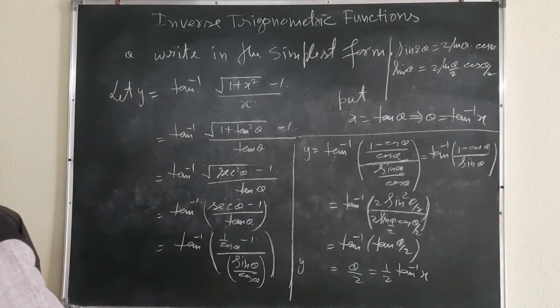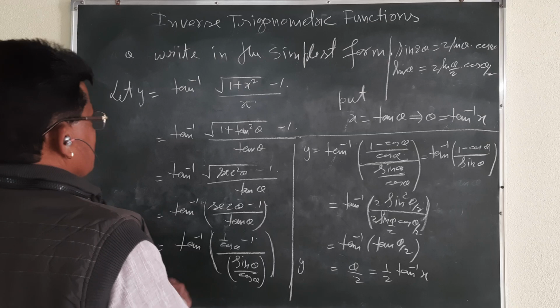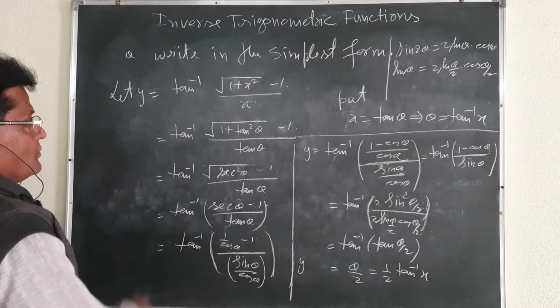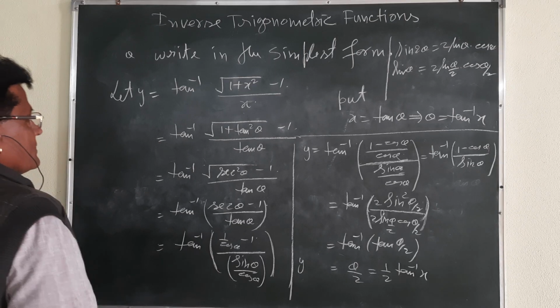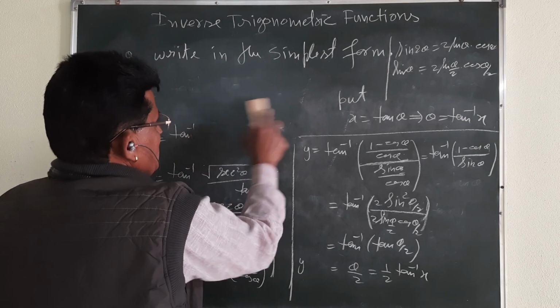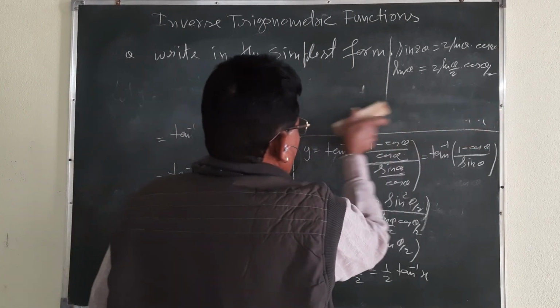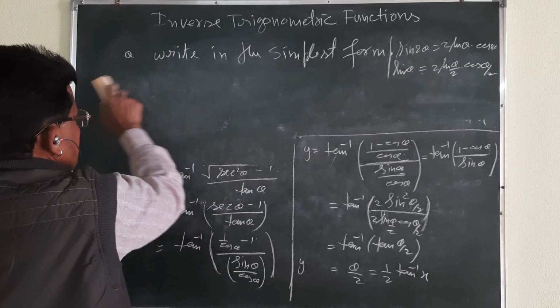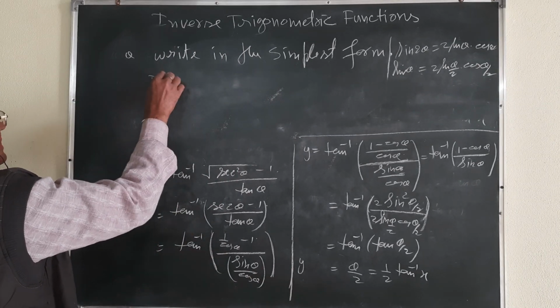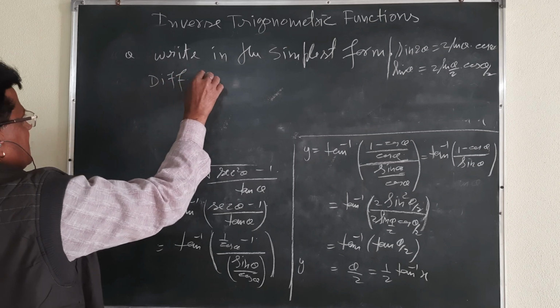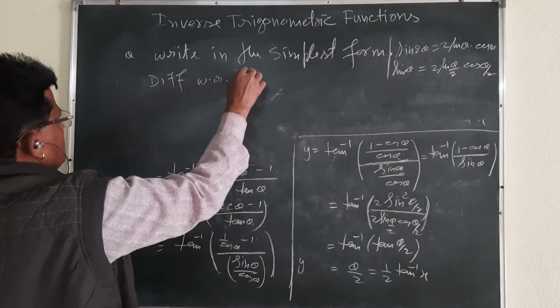Okay, let me take, dear student, y is equal to this one, and you will have to differentiate it. Let me write, see carefully, a very, very important fact. Differentiate with respect to x.